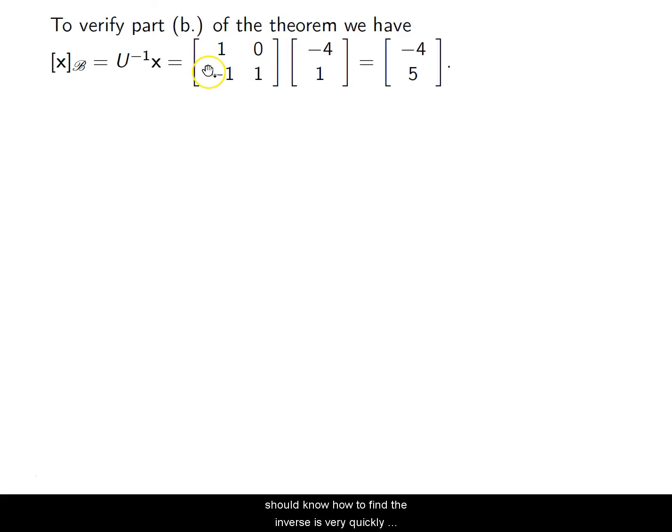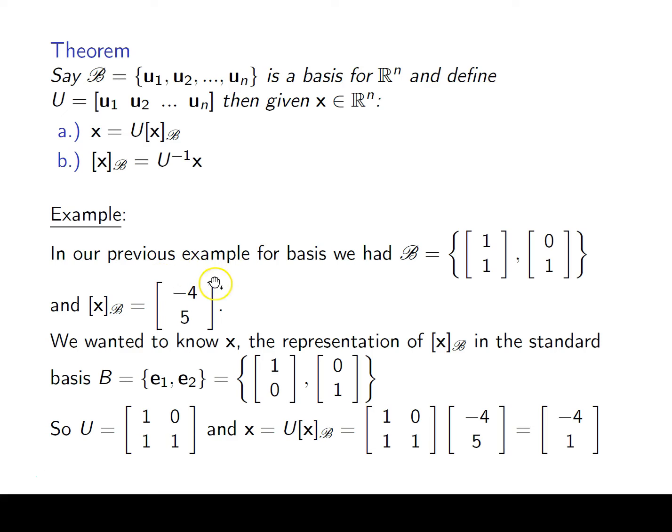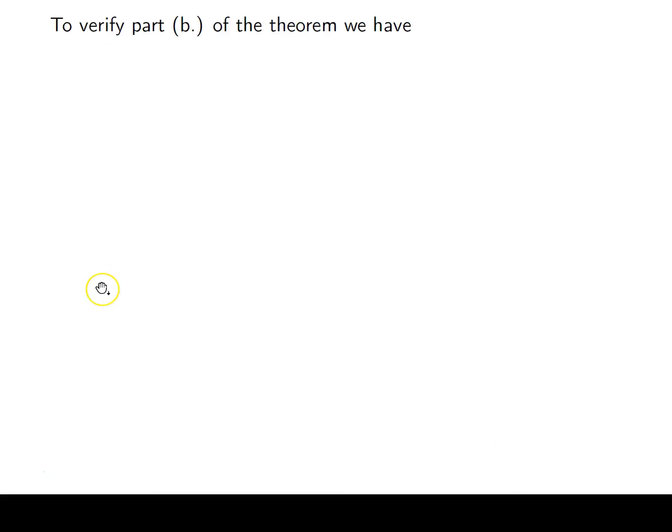You should know how to find inverses very quickly, especially for 2x2, so maybe verify that on the side as you're watching this video. So we have U inverse. I'm going to multiply that by my vector x, okay? And that gives me negative 4, 5, which, if we go back a few slides, is what my representation was in basis B, okay?